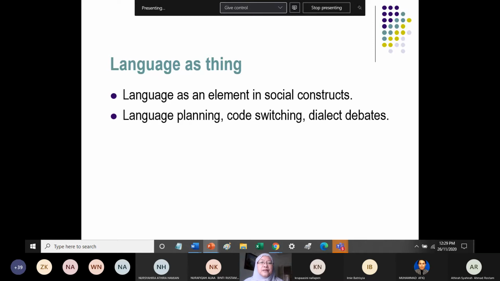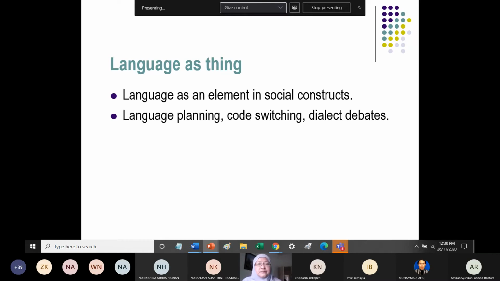In Malaysia, we have Dewan Bahasa dan Pustaka, who actually plans for the Malay language. The government plans for language in terms of the Ministry of Education, which is one of the biggest ministries, and they deal with the education system. So they decide what language should be the medium of instruction.